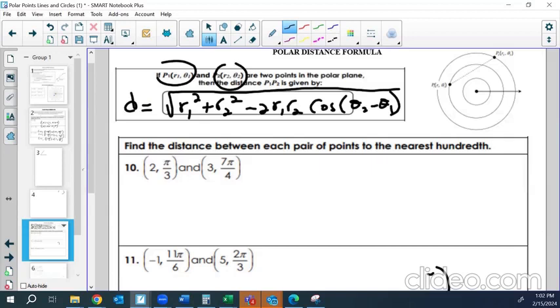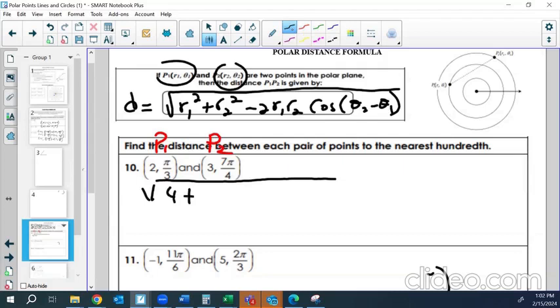All right, here we go. So let's fill in the blanks now. This is really just filling in numbers. So I'm going to get the distance, all under a square root. Okay. Let's look at these 2 points right here. Call this my P1. That's my P2. Good. My R1 is 2. So we're going to square that. That gives me 4 plus.